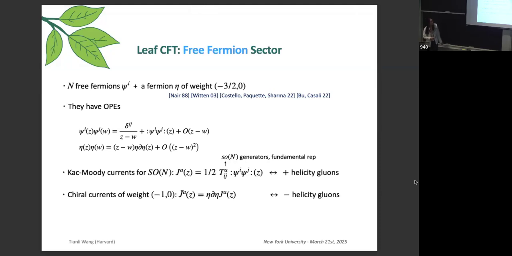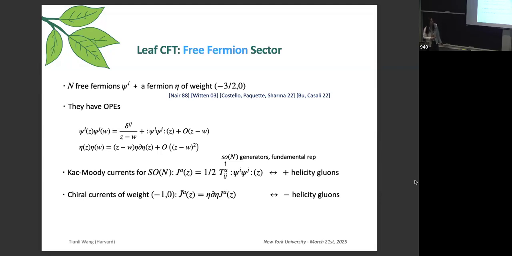We can construct the following currents out of these fields. We can construct Kac-Moody currents for SO(n), which we call J, with weight (1,0). These are half the SO(n) generators in the fundamental representation, constructed with two psi's, and this will provide the spin part of positive helicity gluons.